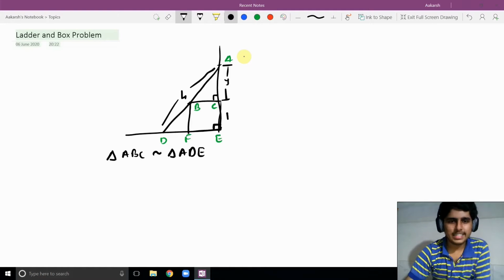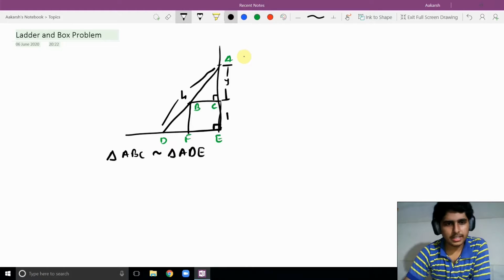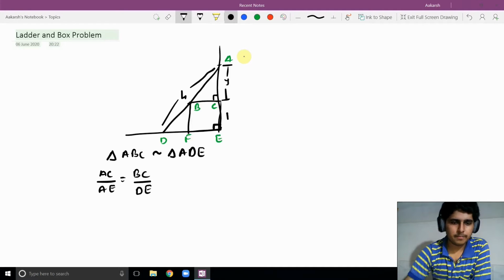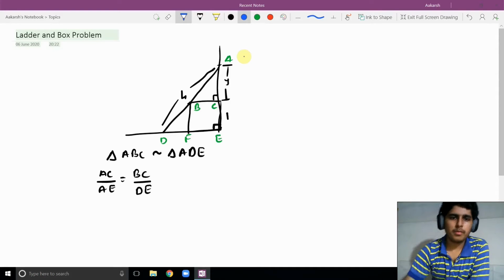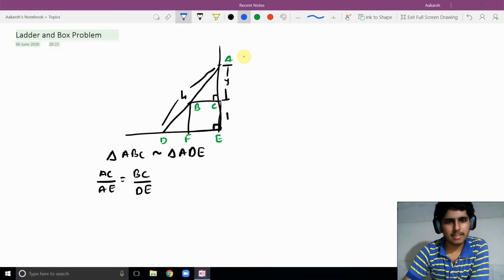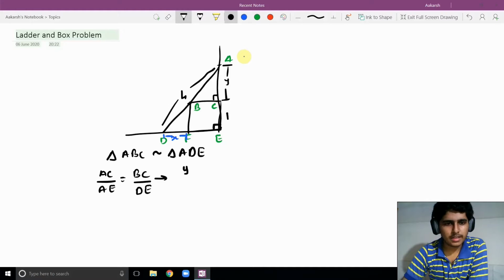As an extension to this similarity, I can say that line segment AC by line segment AE is equal to BC by DE. One more thing I want to make clear is that DF, I am assuming, is x. This DF is a distance x. Using the variables I have listed, I can write AC as y, AE as y plus 1.